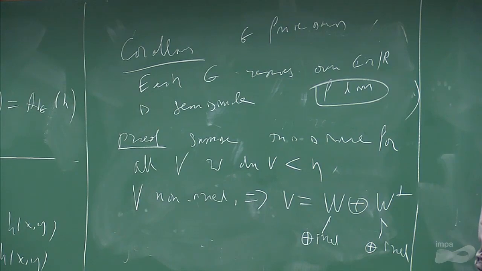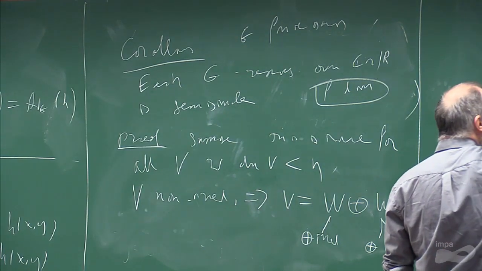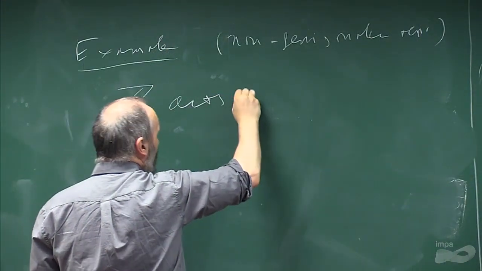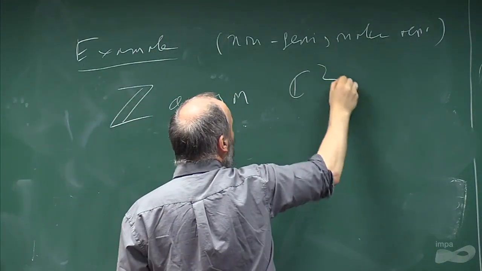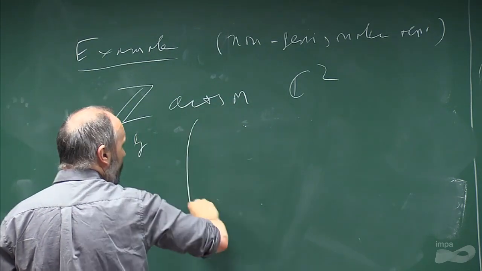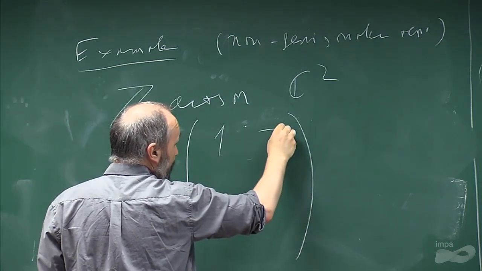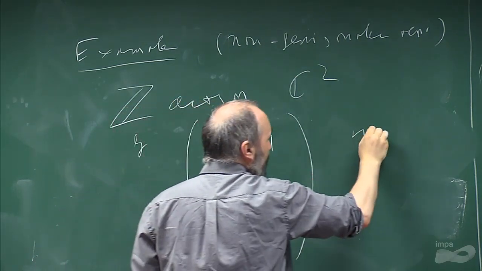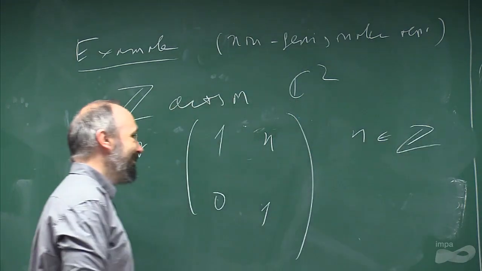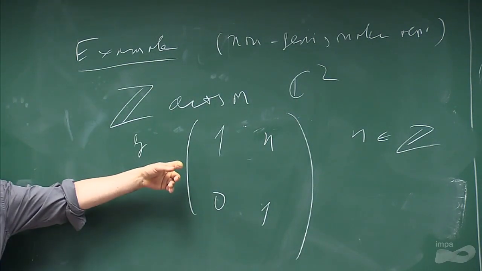So, an example when it is not true. You have the group Z, when it's false, non-semi-simple. Z acts on C2 by these matrices 1, 1, 0, 1, where n belongs to Z. It's not hard to see that this is a group.